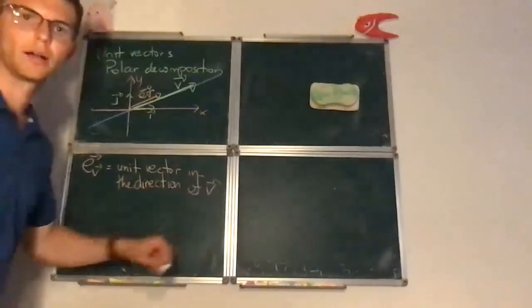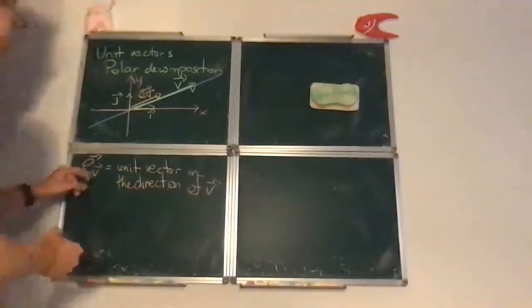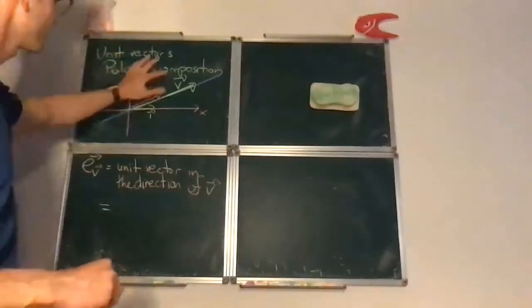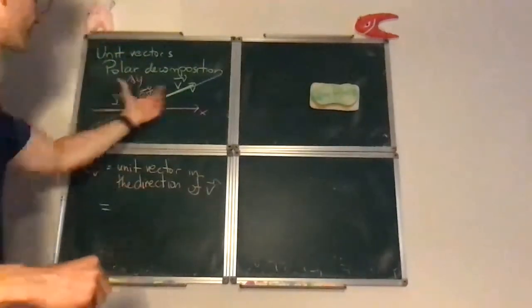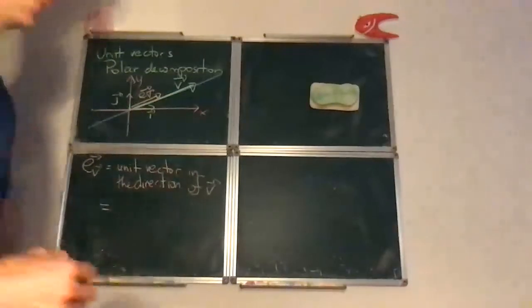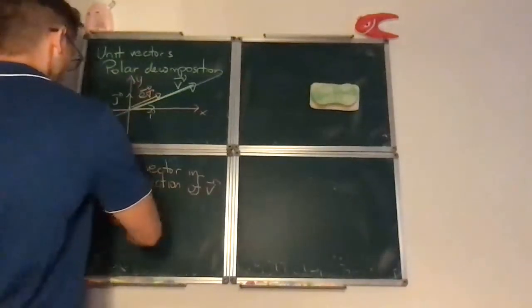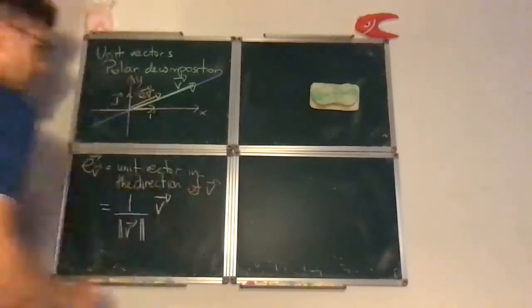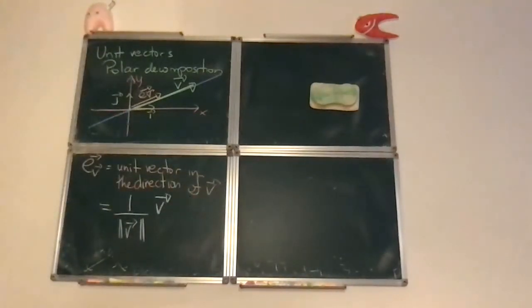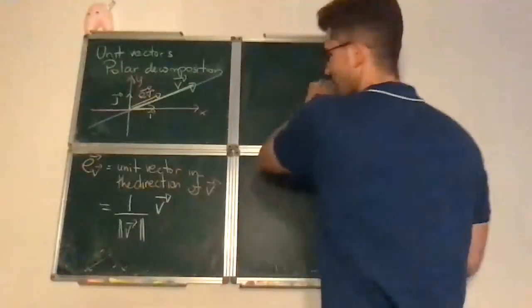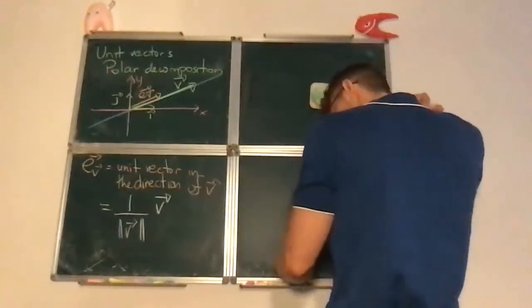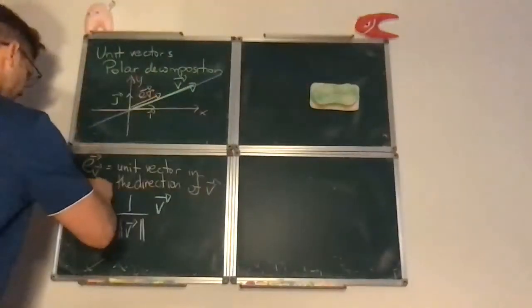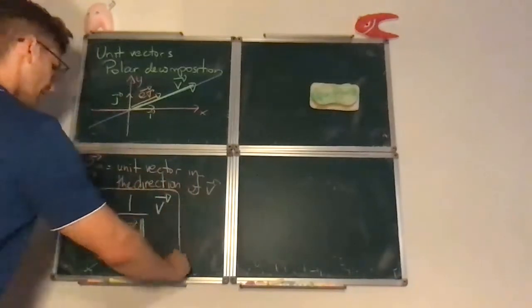And so this means that e sub v is just a rescaled version of v, so you should just divide v by the norm of v. So this should be 1 over the norm of v times v. Okay? And so this is the unit vector.